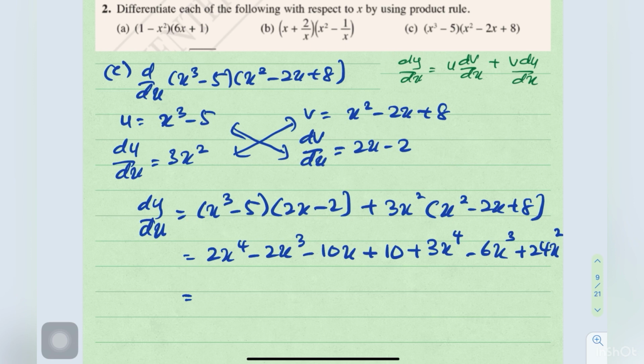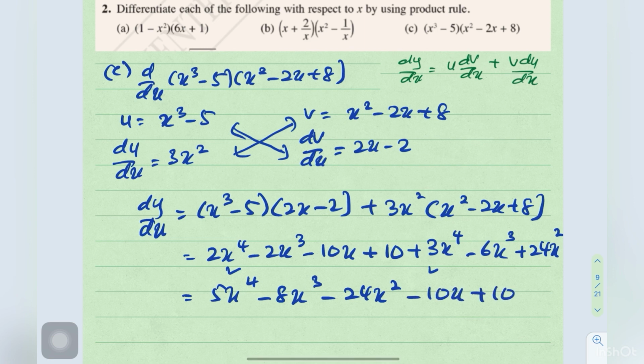We have here the power of 4: 5x to the power of 4; the power of 3: minus 8x to the power of 3; so minus 24x squared minus 10x plus 10.